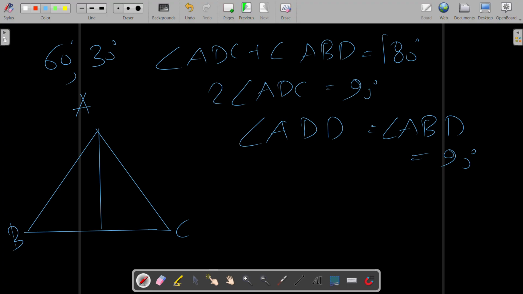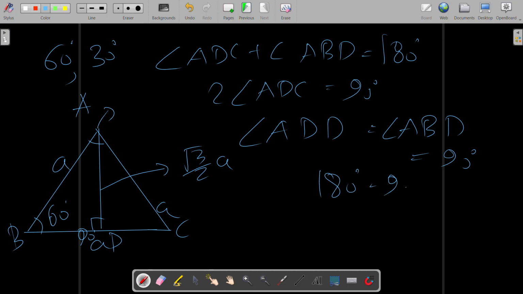We know the height or median of an equilateral triangle is root 3 by 2 A if the length of all sides is A. So if this angle is 60 degrees, which is theta, and this is 90 degrees, this angle of triangle ADC becomes 30 degrees, obviously: 180 minus 90 minus 60. So angle BAD equals 30 degrees.